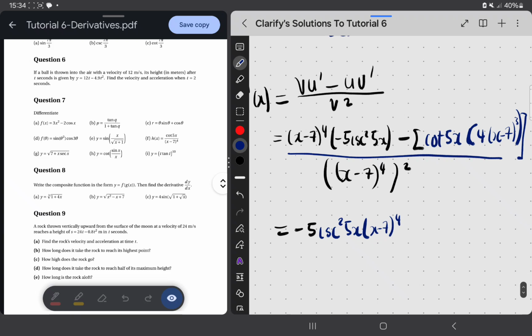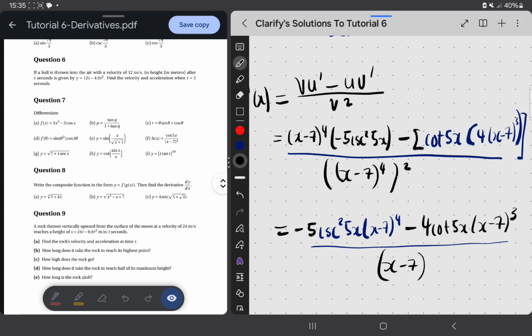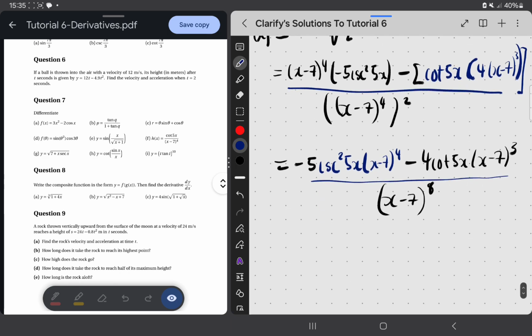Then minus, this whole thing is going to be 4 cot 5x multiplying x minus 7 to the power of 3. Then all over x minus 7, and it's going to be the power of 4 times 2, because if you have a number with a power raised to another power, you multiply the powers. So it's the power of 8. That is what we end up having.